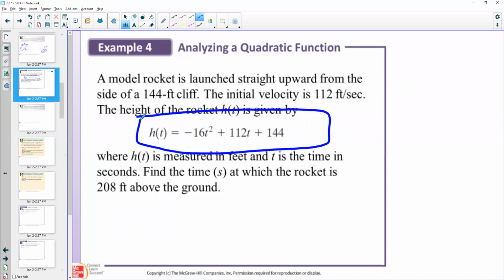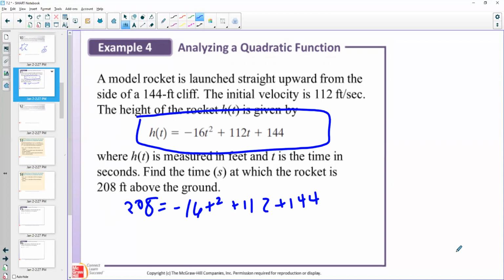What time is it when the rocket is 208 feet over the ground? So they're giving you a height, and you have to find the time. So they're giving you h of t. h of t is 208 equals 16t squared plus 112t plus 144.